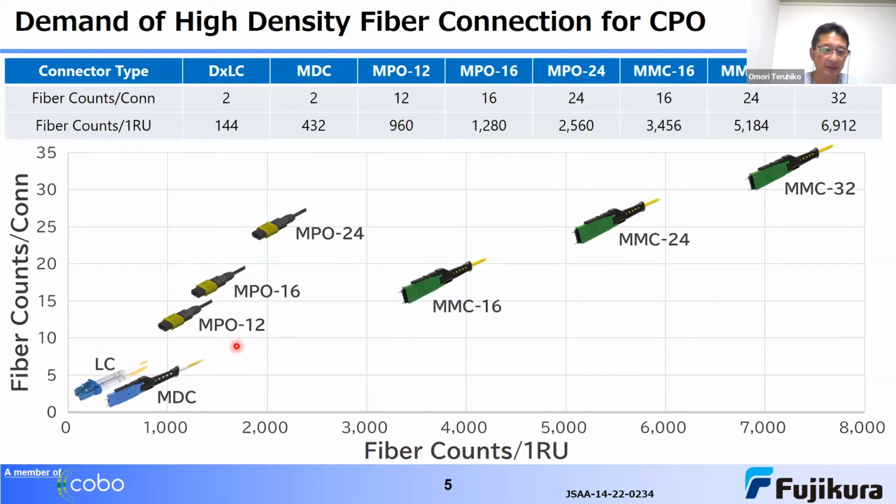This is conventional connectors, for example, MPO 12, MPO 16, and MPO 24. And this is MMC 16, MMC 24, and MMC 32. Actually, MMC connector has a 3 times cabling port density over the MPO format.